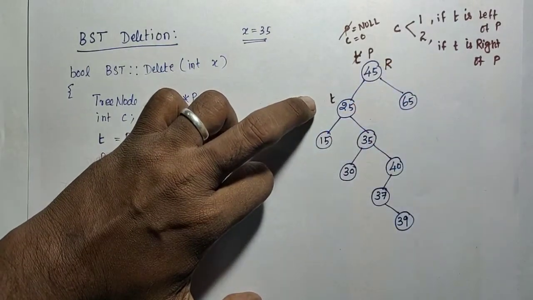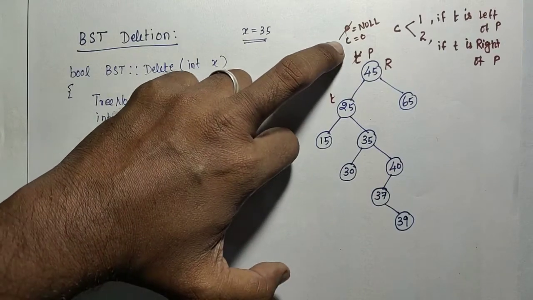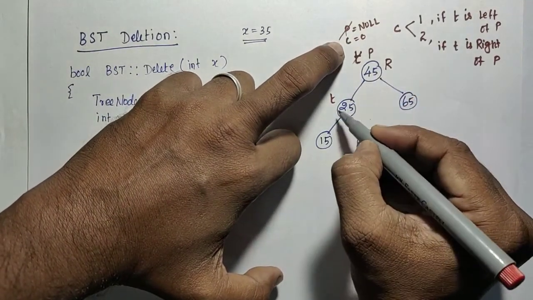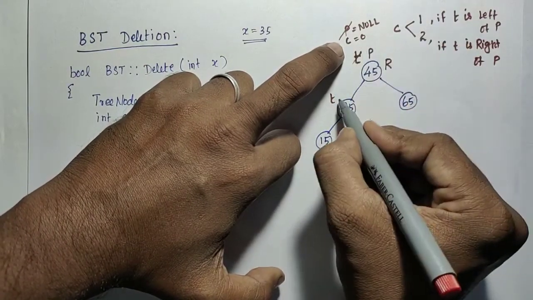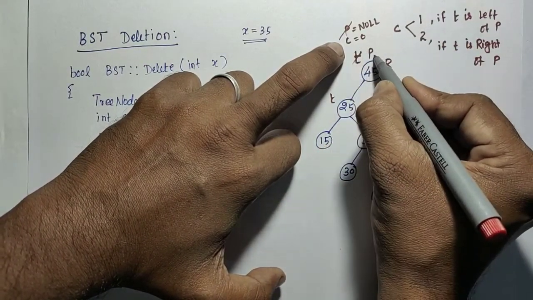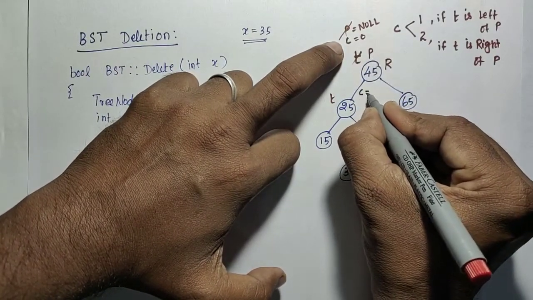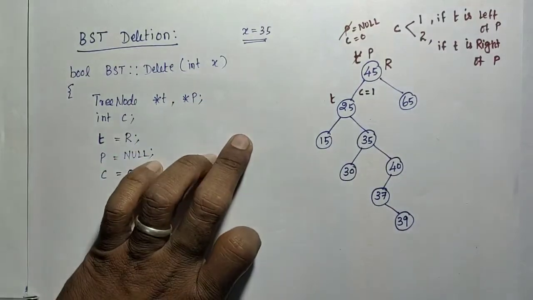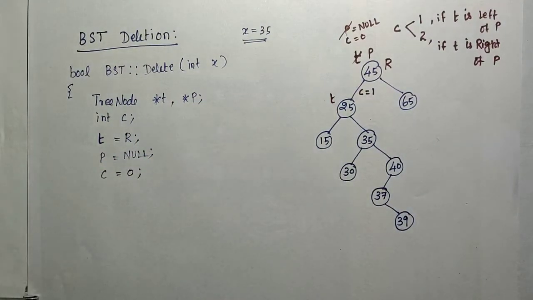T of left. By the time we have moved the t to the left side, so c will be updated with what? 1, because now in this situation t is the left of the p. So I need to update c equal to 1.